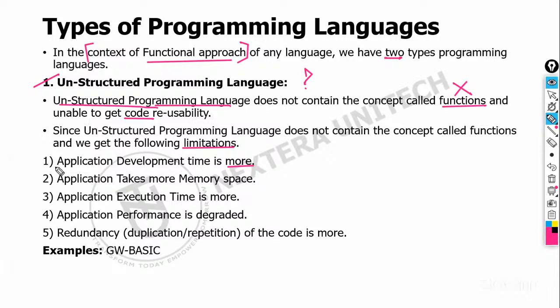So the application development time will be more, followed by it takes more memory space. As you are repeating the same code time again, the memory space will be occupied. The application, whatever you are trying to build, takes more memory space. Then execution time, again, it will be more.